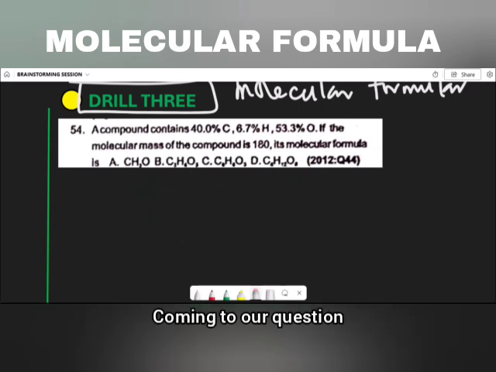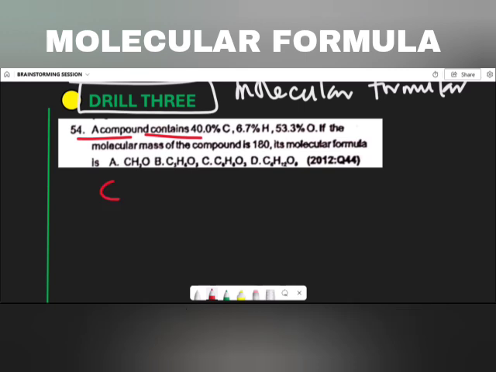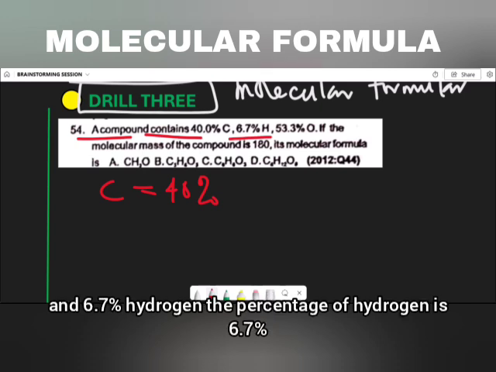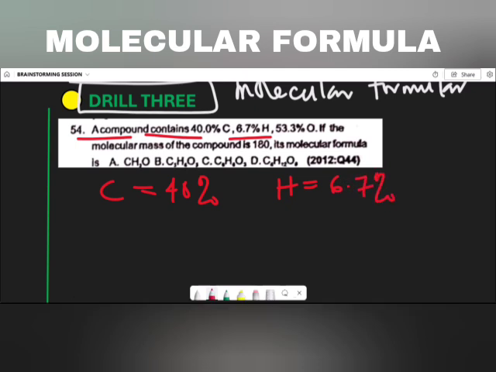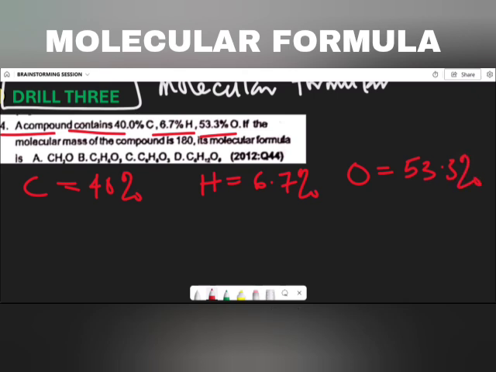Coming to our question, we are given that a compound contains 40% carbon, so the amount of carbon is 40%, and 6.7% hydrogen. The percentage of hydrogen is 6.7%, and 53.3% oxygen. So our oxygen is given as 53.3%.